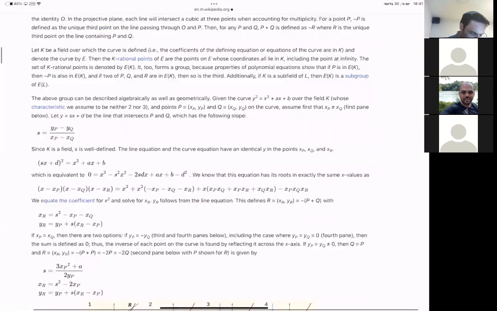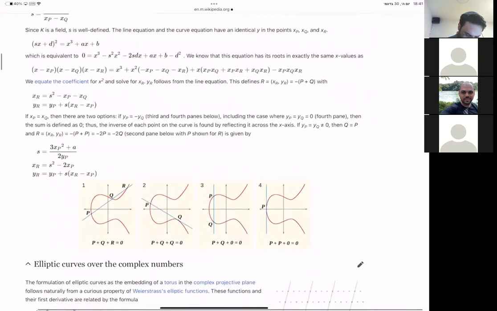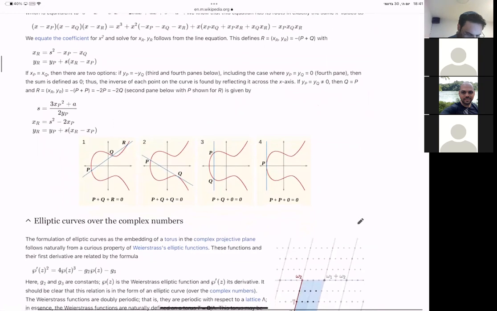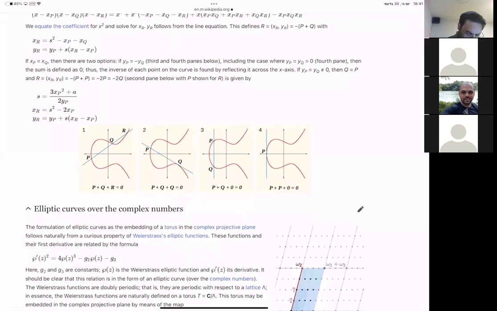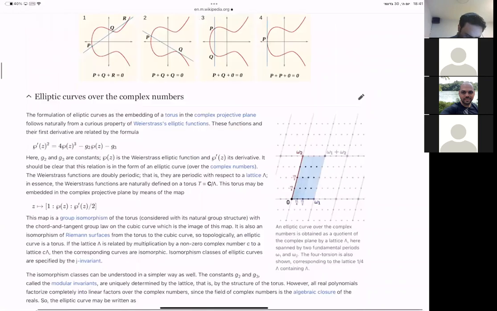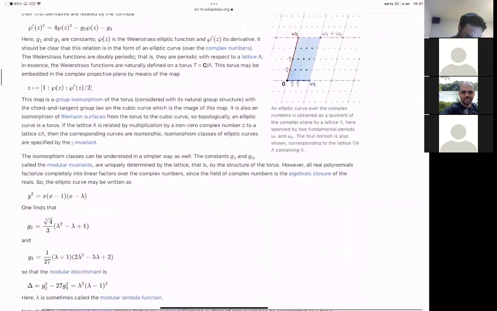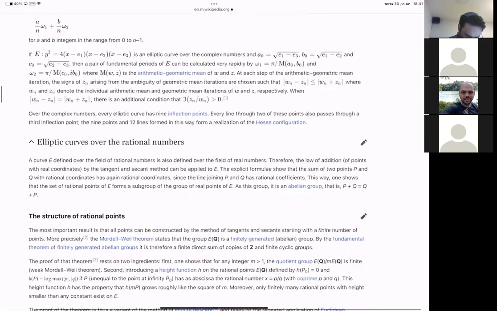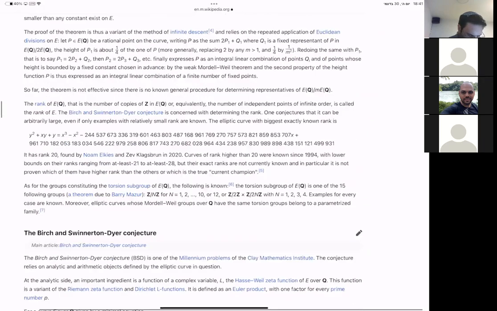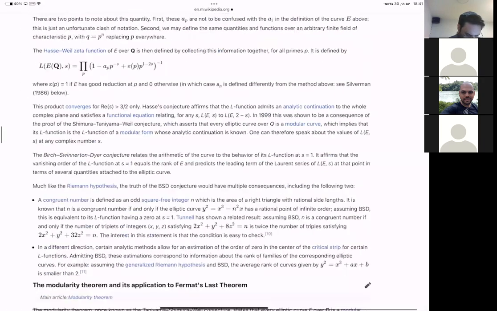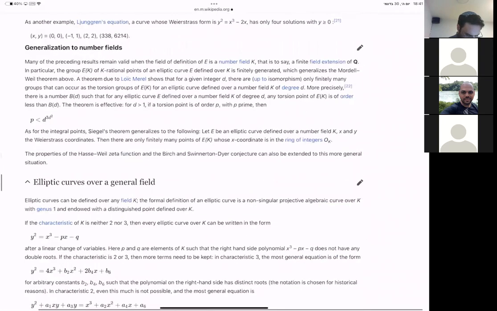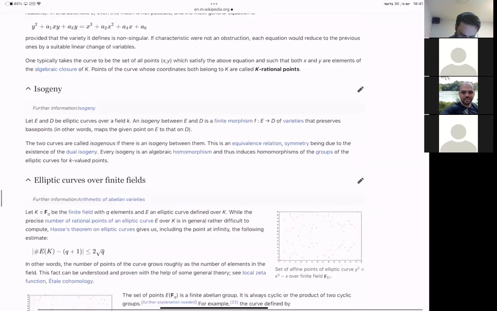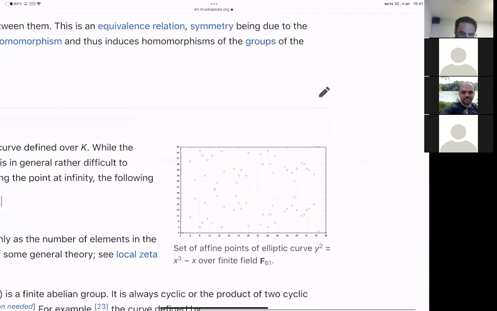So next time we will talk about how we find explicitly the coordinates of the addition. But I want to show you how it looks over a finite field. They don't show us how it looks over a finite field. Oh, yeah. Now this is the curve.